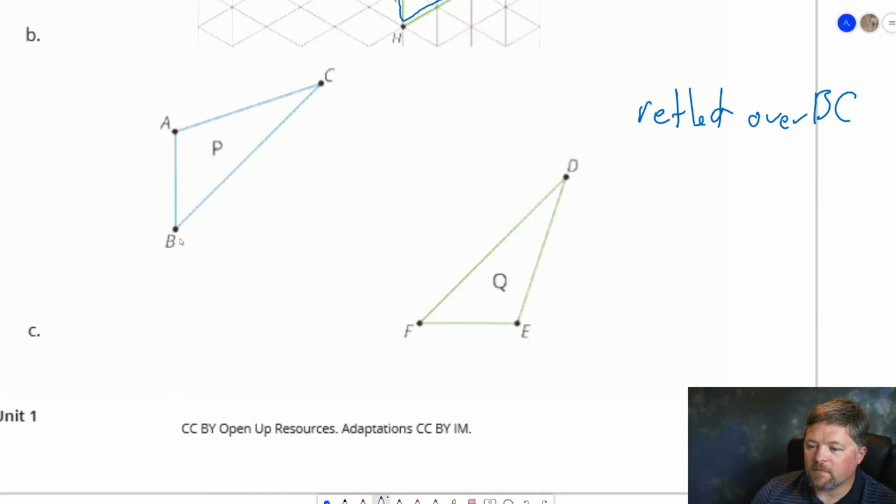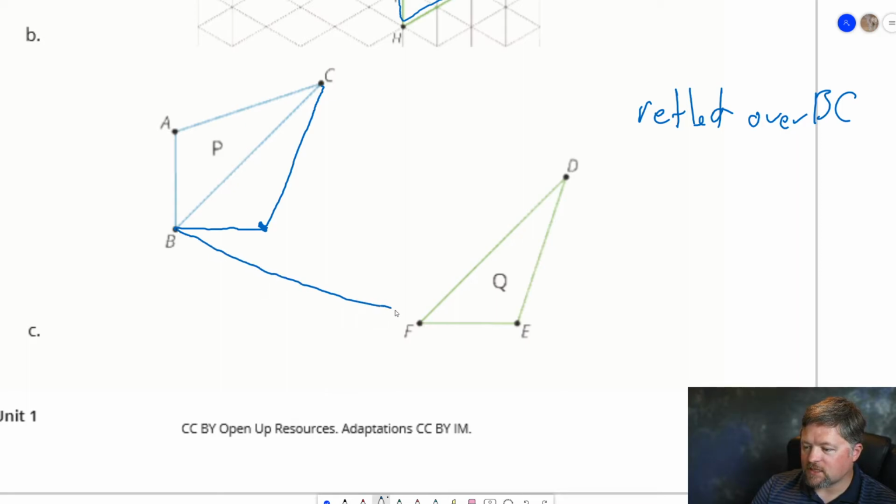That way, point B and point C are on the line of reflection. We don't have to worry about moving them. It's just point A that moves. So if we do that, ooh, how nice is that? Now it's facing the correct way. We just have to translate it.